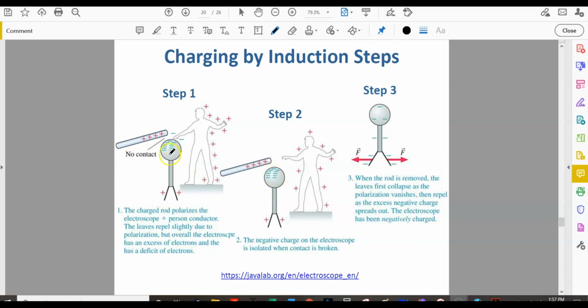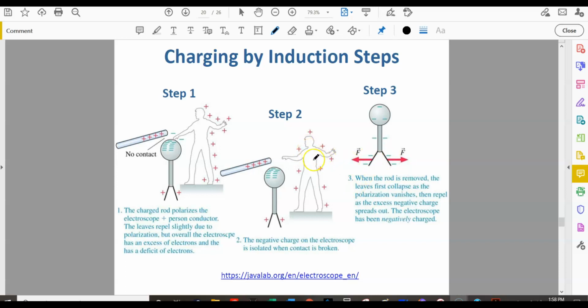So now this neutrally charged electroscope now has an extra 2 electrons from the person. Since you've used polarization to pull those electrons off the person onto the electroscope, now the electroscope is in excess of negative charges. Well, now if you bring this rod away, this electroscope is going to have an extra 2 electrons, and it's going to make those leaves permanently repel each other.